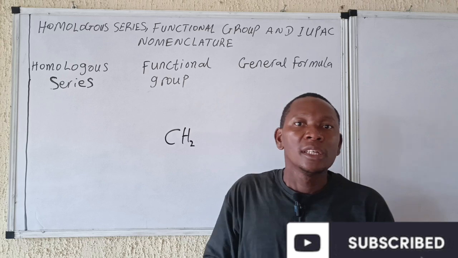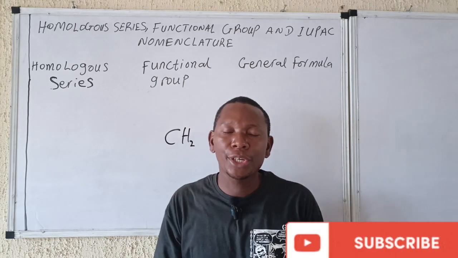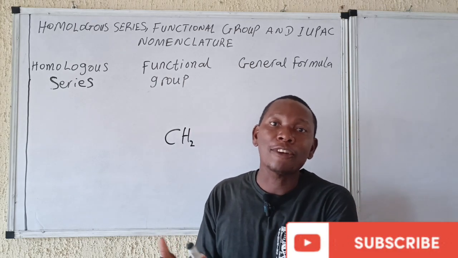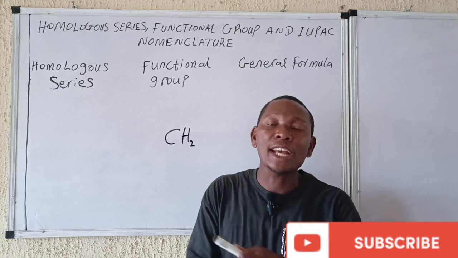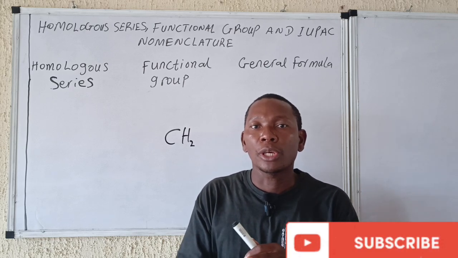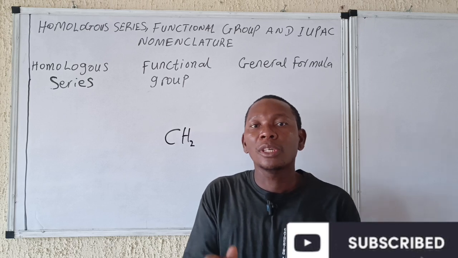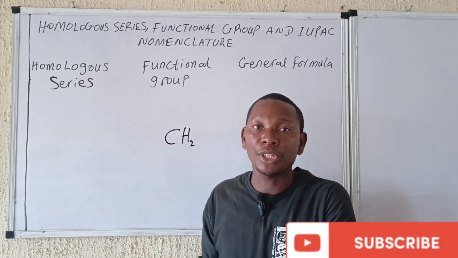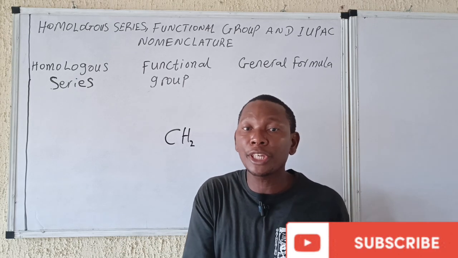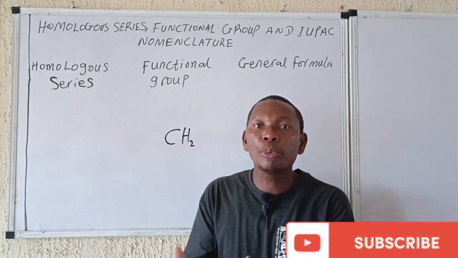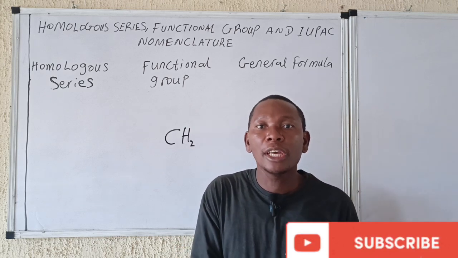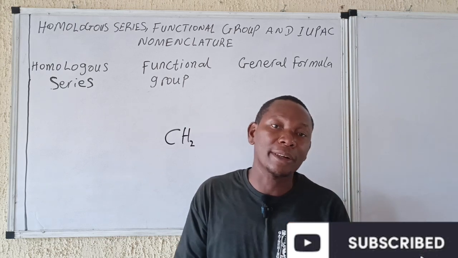Just the way we have a large population and families within it, we have large numbers of organic compounds, and we have homologous groups within, which are the families, and each family has a unique gene. So each homologous group has a unique functional group and then unique characteristics.